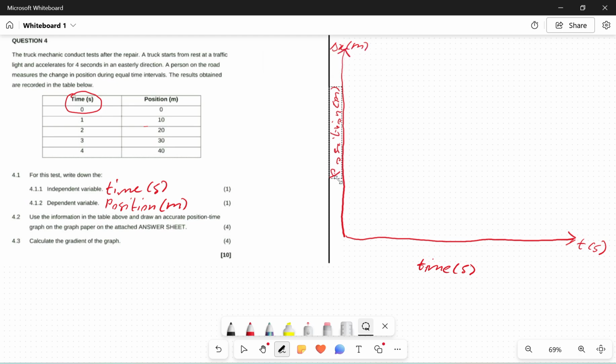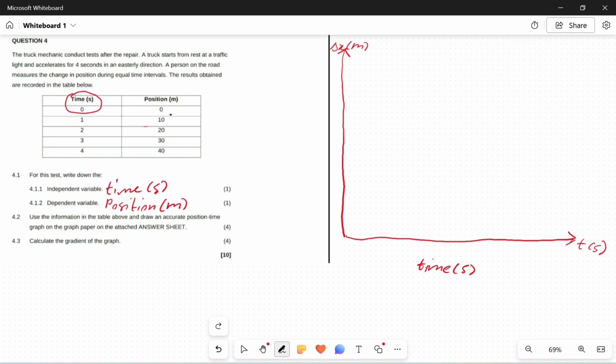I'm moving this because I have to write my values there, guys.